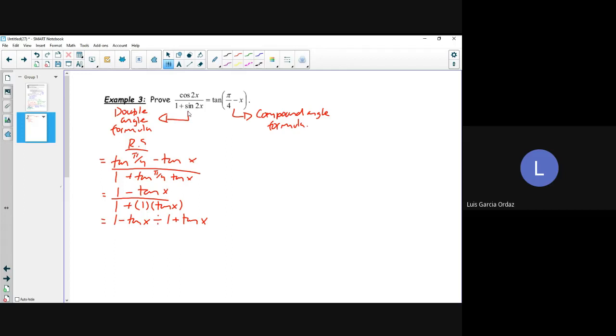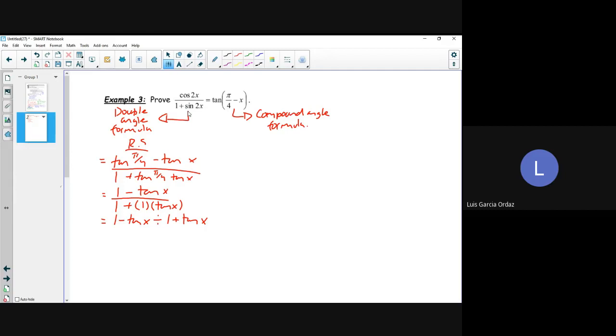I'm not opposed to you guys doing it. Me putting the division sign is just a better way of me seeing what I have to flip in terms of the second fraction. That way I'm not guessing what I'm multiplying what by. So we have 1 minus tan x divided by 1 plus tan x.